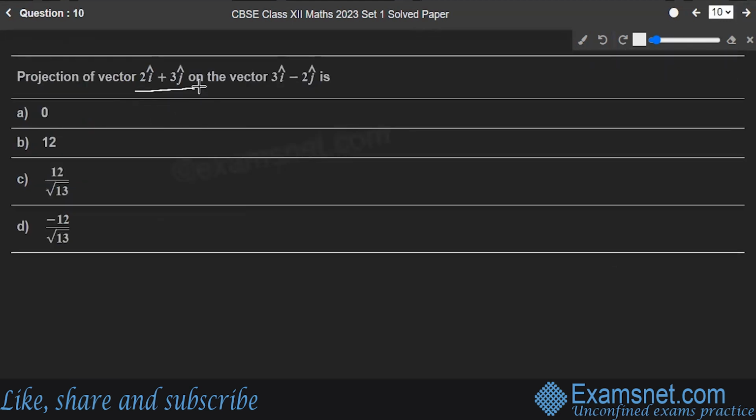Projection vector of 2i plus 3j on this vector, that is 3i minus 2j, is? See, projection of A on B is given by the dot product of the two divided by the magnitude of B vector.